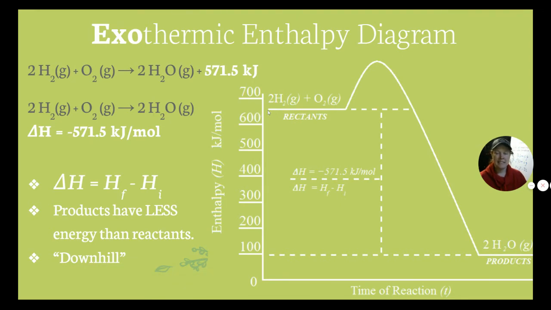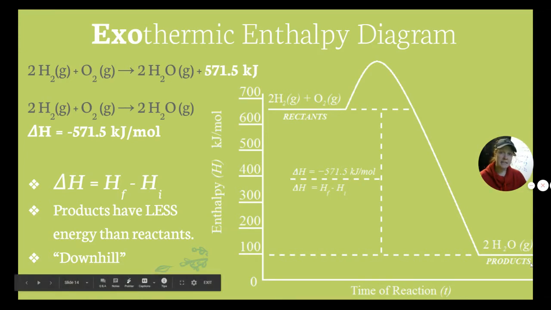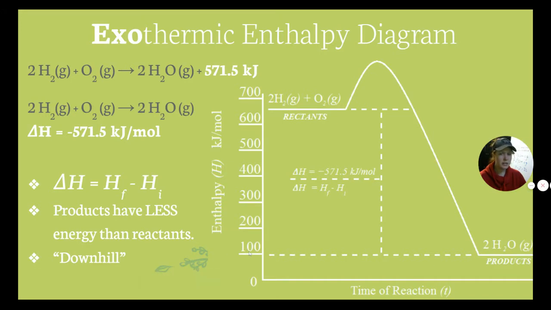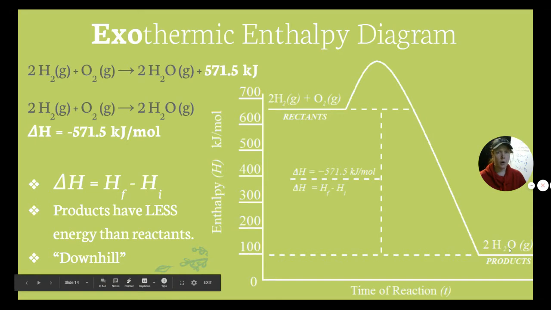So we're roughly at 650-ish or 670-ish kilojoules per mole for this reaction, and that's just the potential energy. Once the reaction takes place, the products measure at a lower enthalpy, about 100 kilojoules per mole.